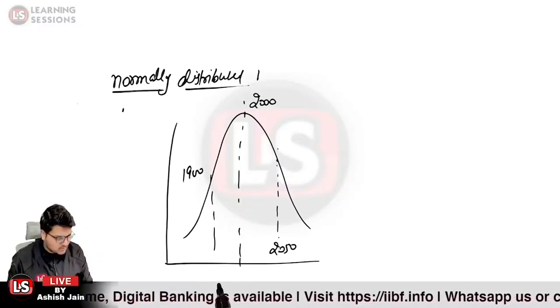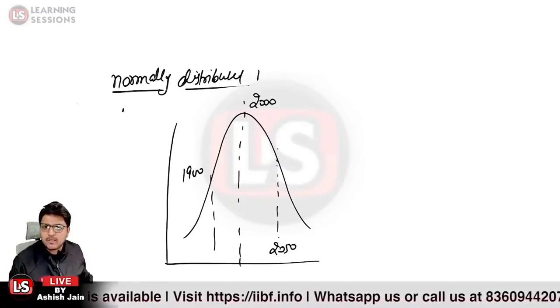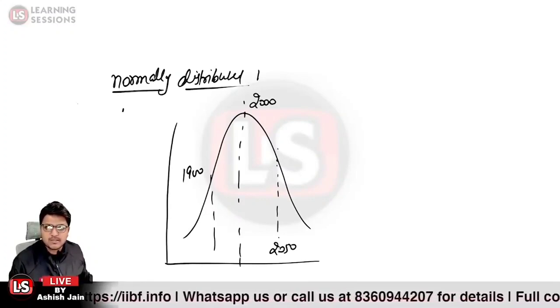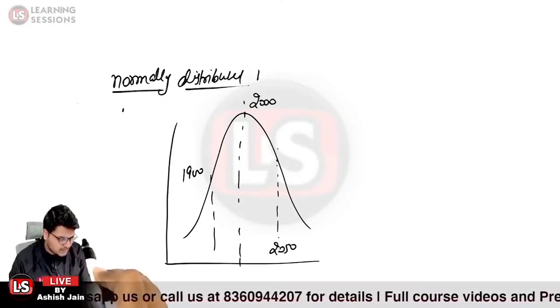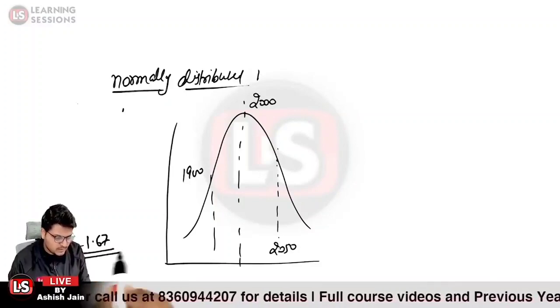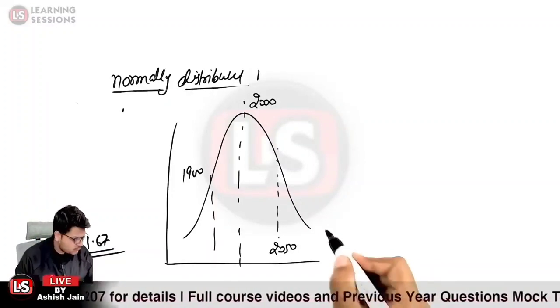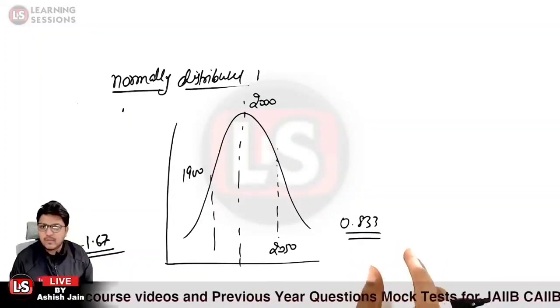Now if we look at the Z table, what was the value related to this particular point? Let me check the Z table again. It was 1.67 for the 1900 value, and for 2050 it was 0.833, kindly correct me if I'm wrong.